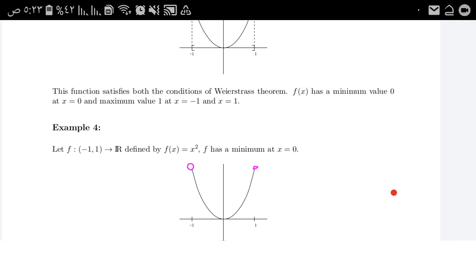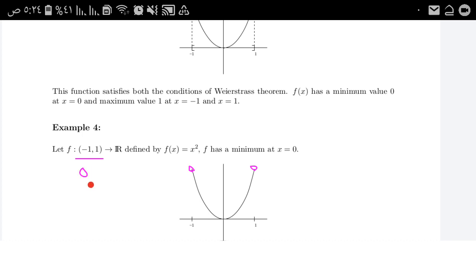Okay, Mr. Bushra says one of the conditions is lost. Which condition is not satisfied here? The condition that the interval here is open.